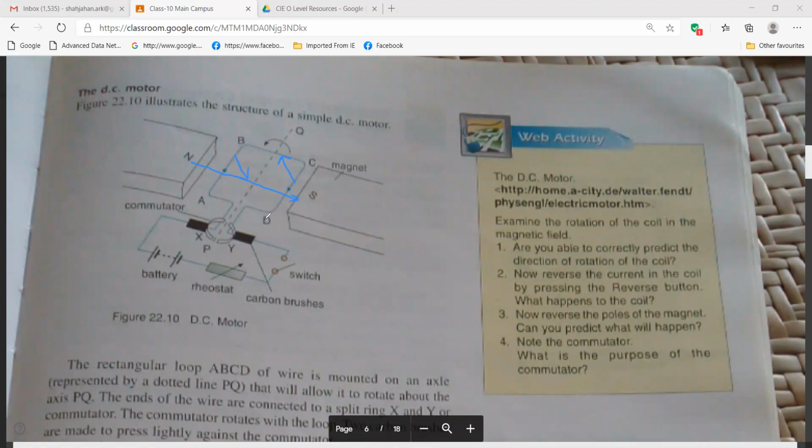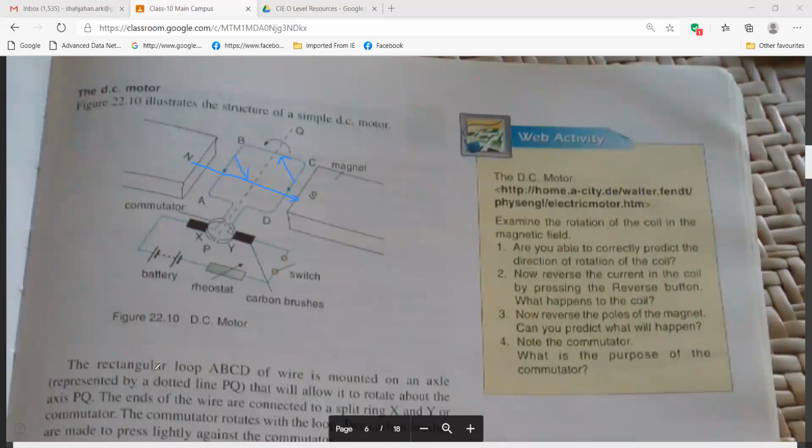Is it clear now? Yes, sir. So this way we are having the DC motor, the way our fan is working, blending machine is working. Okay, is it clear? So whatever we discussed here, all these things are written in this bottom place.